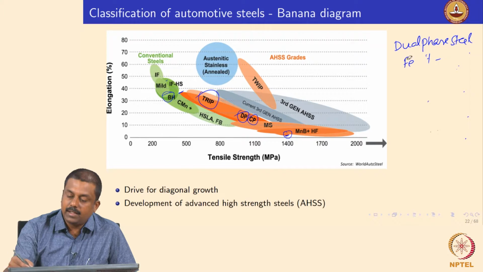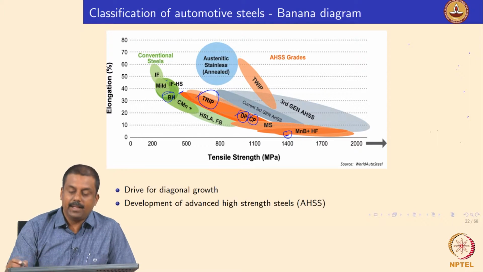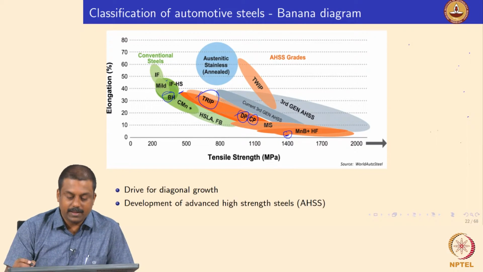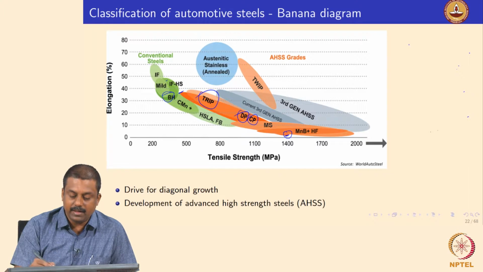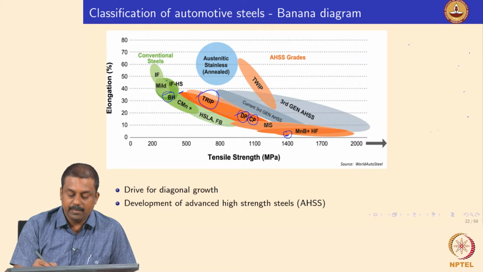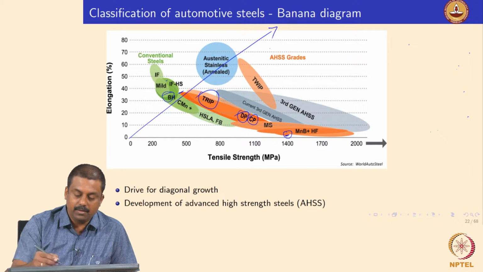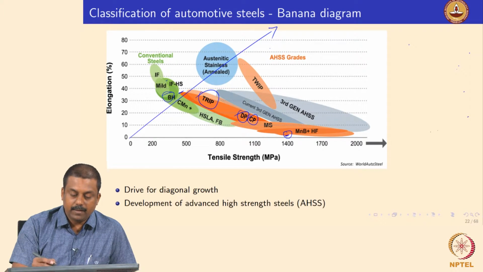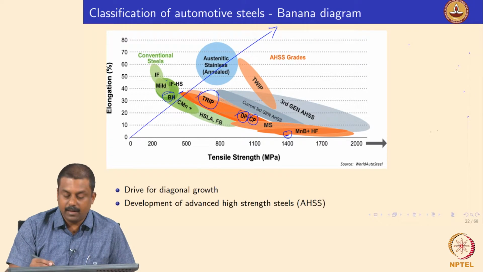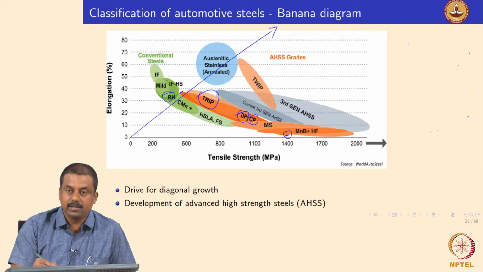And apart from these three steels, this diagram also shows various next generation steels. For example, the first and second generation is mainly TRIP, DP and CP with strength up to 1000 MPa, and we are actually moving from the first and second generation to achieve a diagonal growth. So for example, the steels with modified DP, dual phase steels.